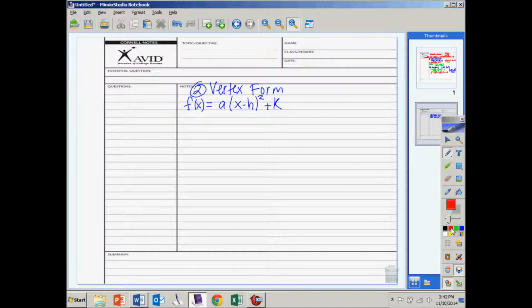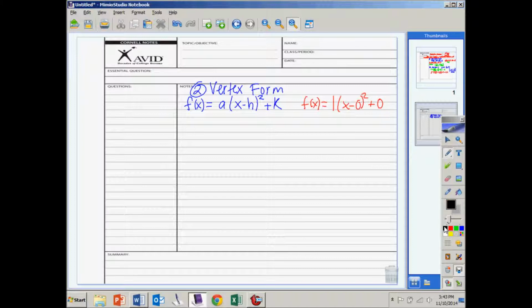The parent function form of this would be f of x equals 1 parentheses x minus 0 squared plus 0. However, the zeros and the ones are invisible because it's kind of silly to write ones and zeros, especially when I'm multiplying by a 1 and adding and subtracting a 0. So it just comes down to x squared.